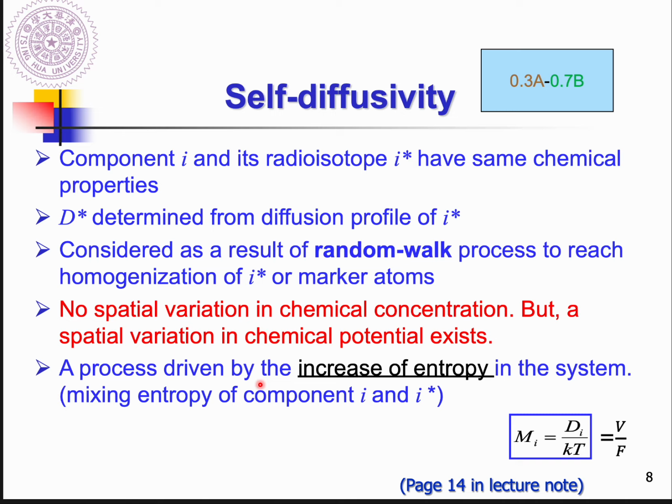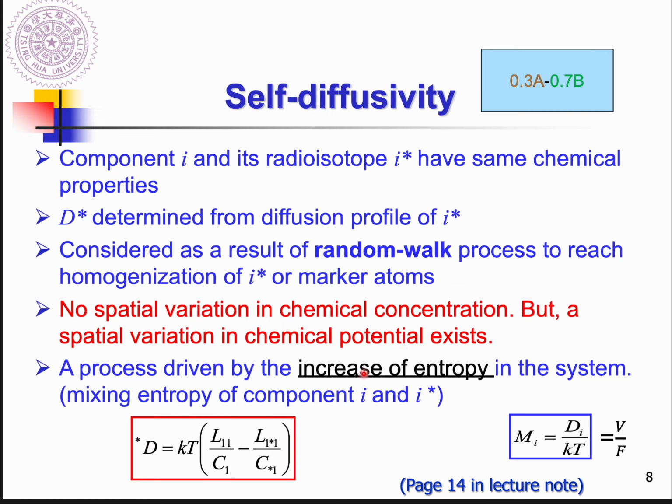This process will increase the entropy, and as we mentioned, the chemical potential difference between I and I star drives this mixing and leads to the increase of entropy.